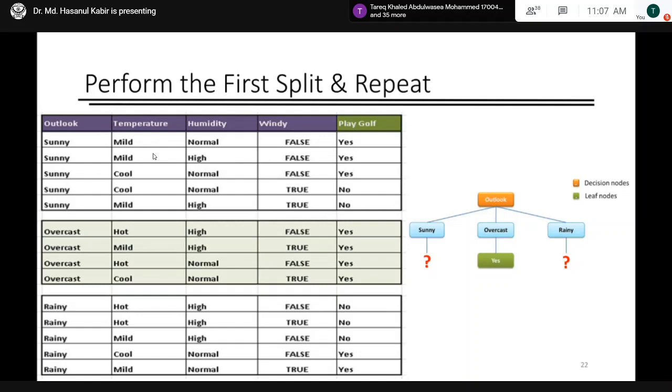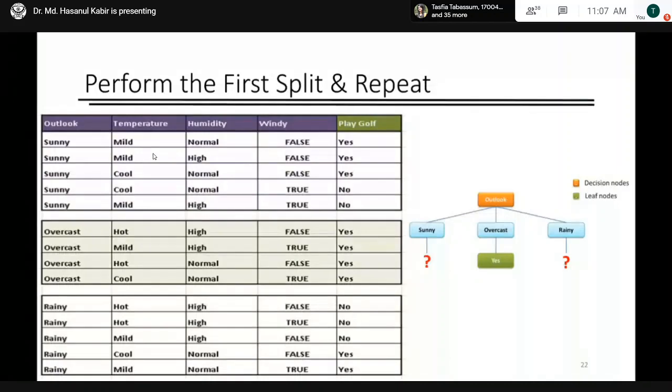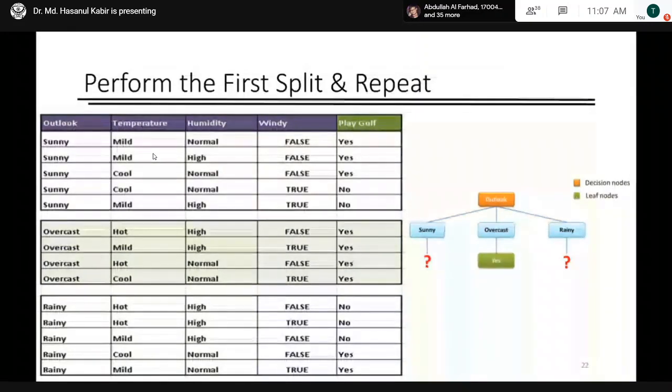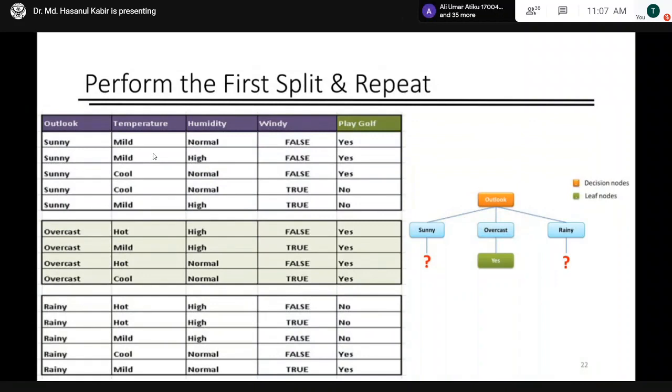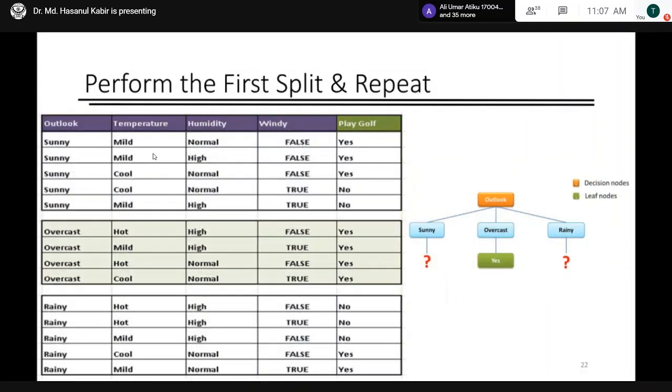Yes. Okay. So in the parent node, you have picked which attribute for splitting? You have picked outlook. If you follow the branch sunny and have to do the split again, don't you think you have to repeat this process to compute the entropy value for temperature, humidity, and windy, and see which one has the lowest entropy? Yes, sir.